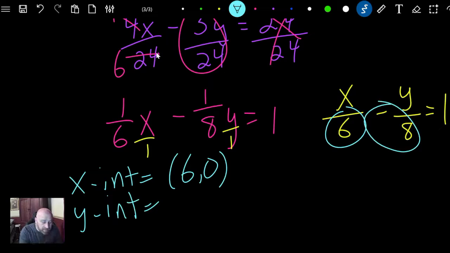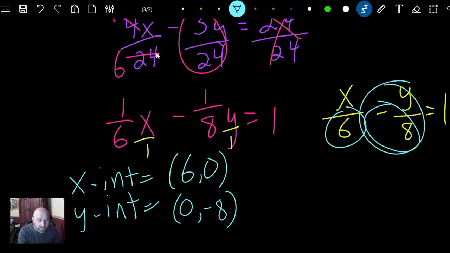That negative sign gives us 0 comma negative 8 as the correct answer. So pay attention to that sign. If the sign is negative, then the answer is negative. If the sign is positive, then the answer is positive. Notice there's no sign here, so that means it's positive. If you have a sign there, you must attach the sign to the number.